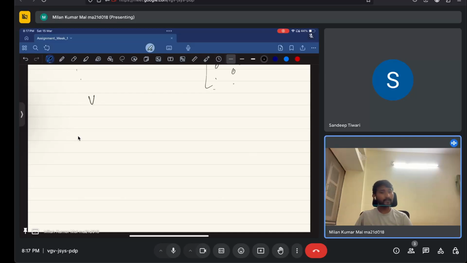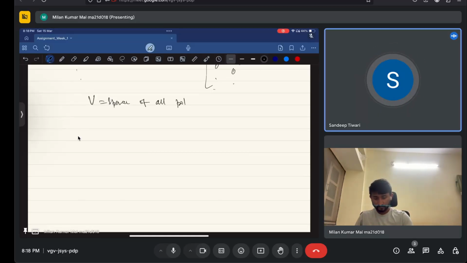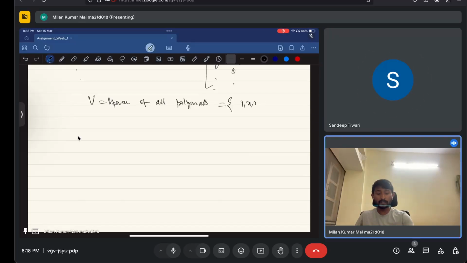Let's take V an infinite dimensional vector space. For example, you can take the space of all polynomials. It has the standard ordered basis 1, x, x square, and so on. Let's take the differential operator.